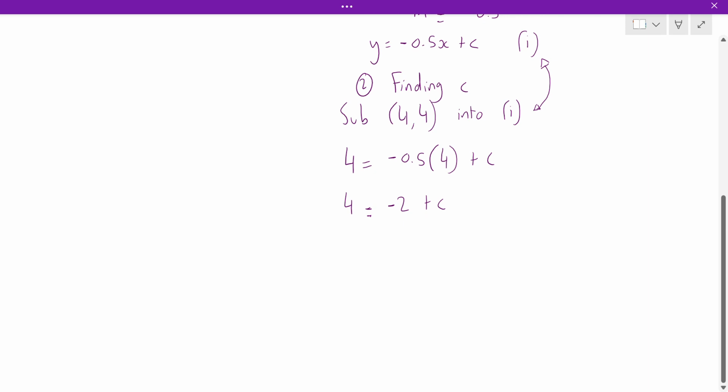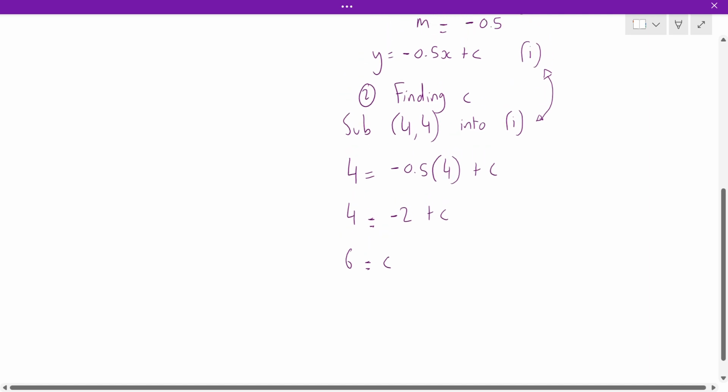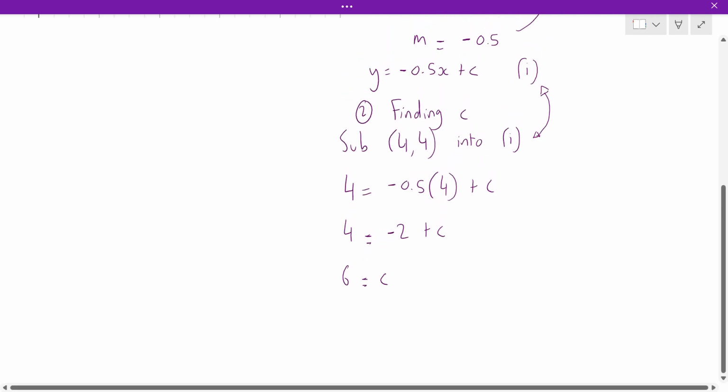We want to try and get c by itself. So if I have negative 2 on this side, to bring it to the left-hand side, we need to add 2. So 4 plus 2 is 6. Negative 2 plus 2 is 0, so we're just left with c. So c equals 6. That is interesting.